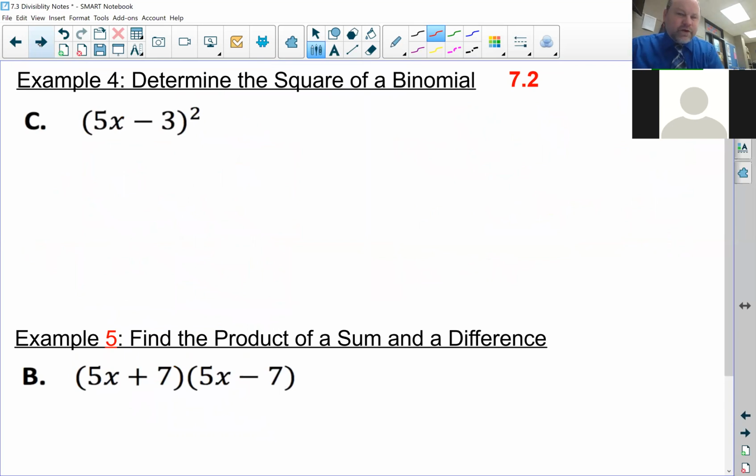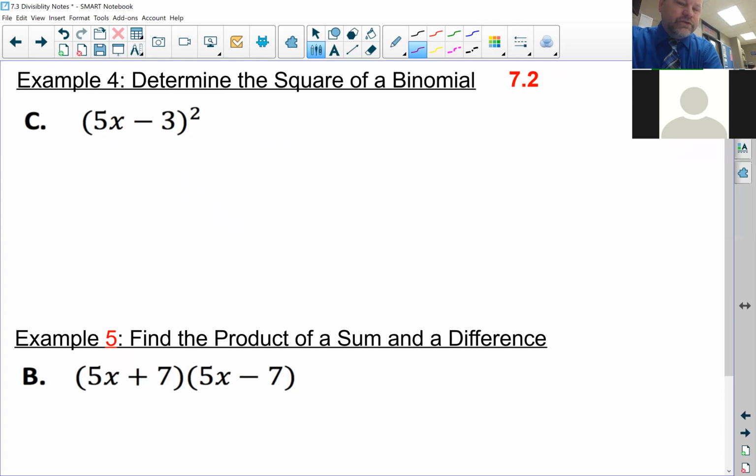We then talked about two special cases. We have the case if we have a perfect square binomial or a binomial that's being squared. You could use the box method. You could use the FOIL method for this one.